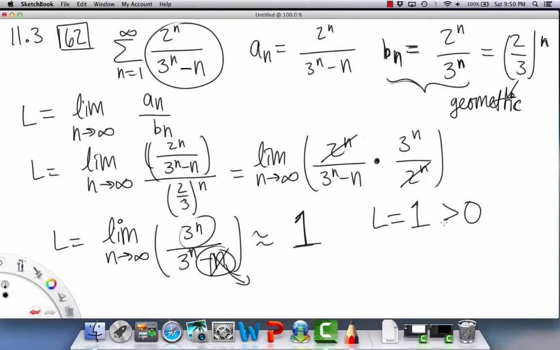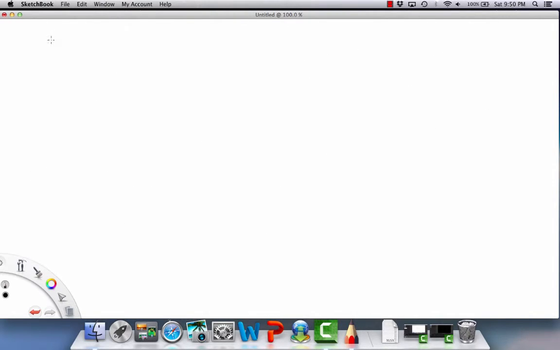Well, that's always true. I'll just carry on to the next slide. So what we have is that we found that L equals 1, which is greater than 0. And the other thing that we know is that the series I picked, the b sub n, converges.